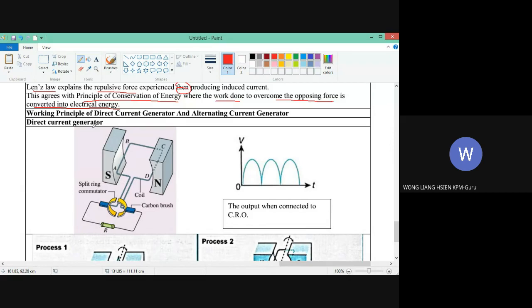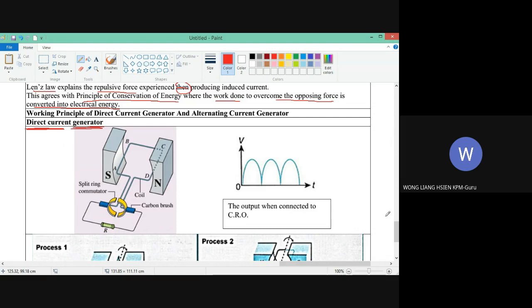That means we want to design a machine that can generate electricity. We call that machine a generator. The first we want to learn about is the direct current generator. Like the name says, it is a generator that produces direct current.